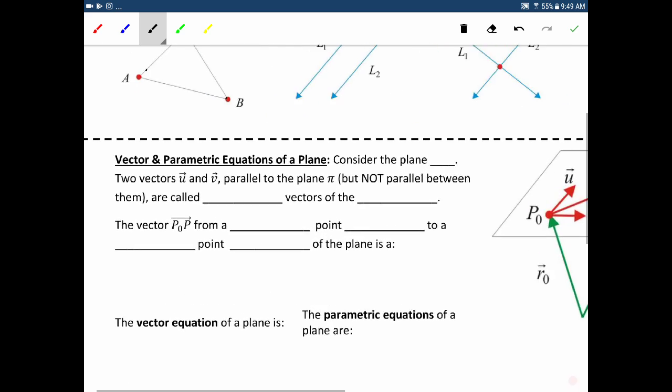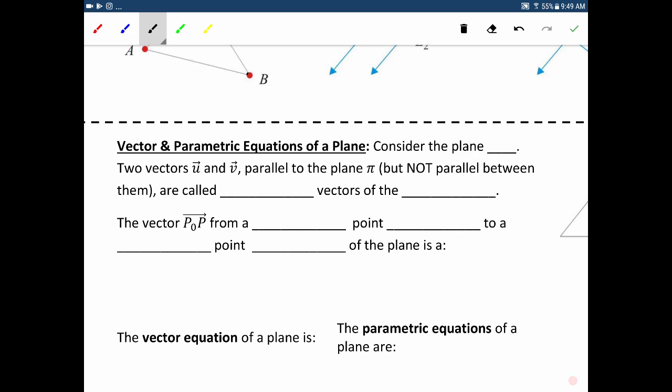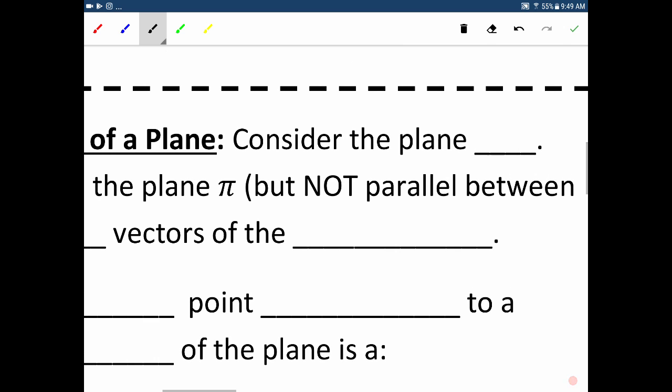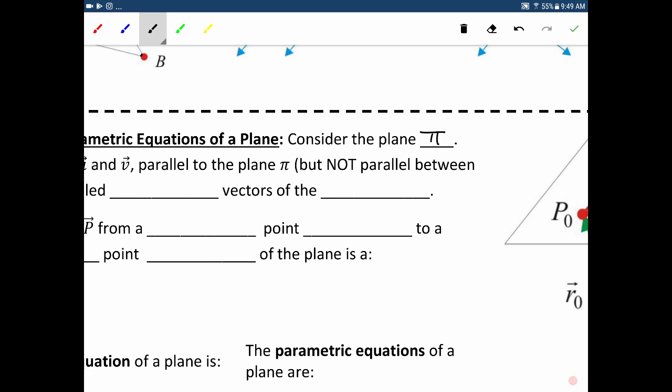So vector and parametric equations work the same as with lines, it's just a little bit more complicated. The symbol we use to denote a plane is pi. Depending on the book you use, it may be a capital pi, which is just a big pi.